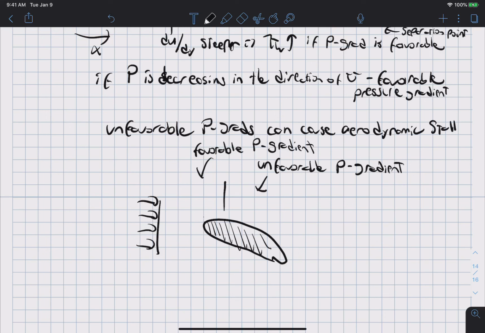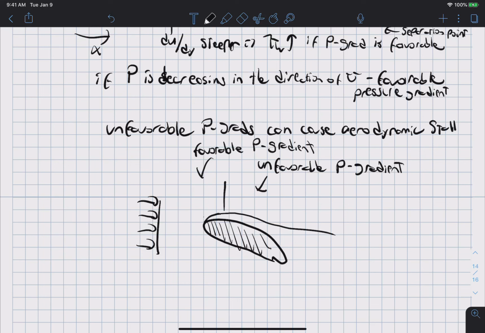The boundary layer here will be nice and accelerating, but in this region it starts to get fatter and fatter, and at some point it basically separates.